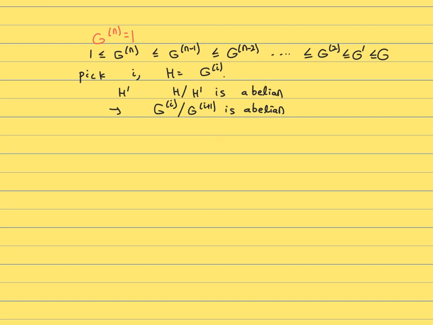So this also tells us, of course, that G to the i plus 1 is normal. And G to the i, these are actually a sequence of normal subgroups whose pairwise quotients are abelian. It's a normal series. Congratulations, G is solvable.